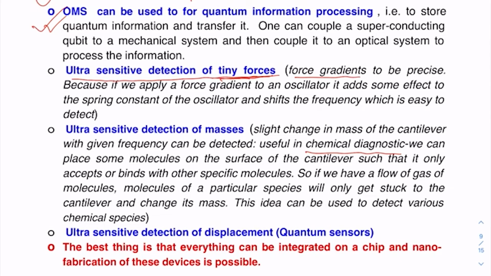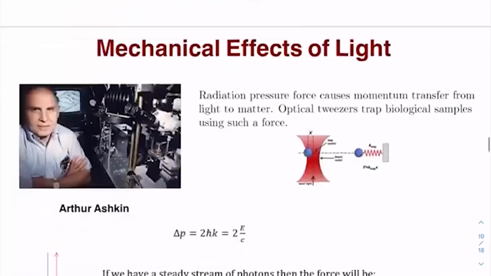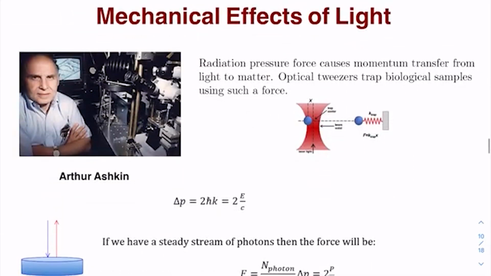And the best thing is that everything can be integrated on a chip, and nano fabrication of these devices is very much possible. Now let us briefly discuss mechanical effects of light a bit qualitatively. Mechanical effects of light, in particular the so-called radiation pressure force, is at the root of all optomechanical phenomena.